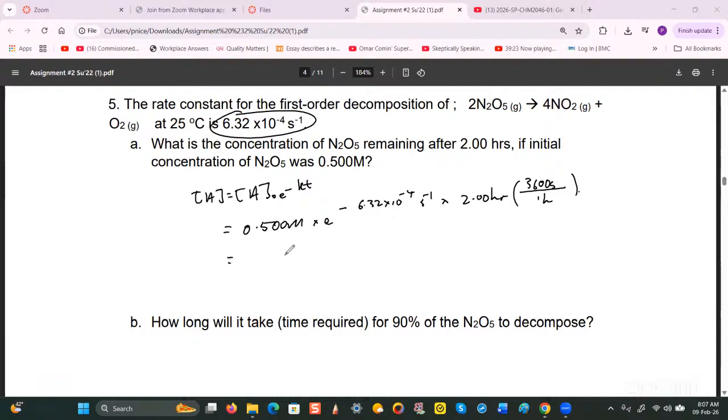And the answer I got, as I said before, is 5.28 times 10 to the minus 3 M. All right? So that's basically how that is done.